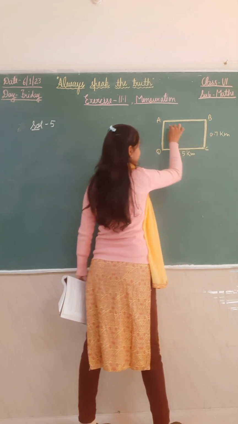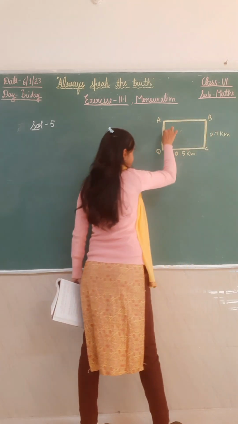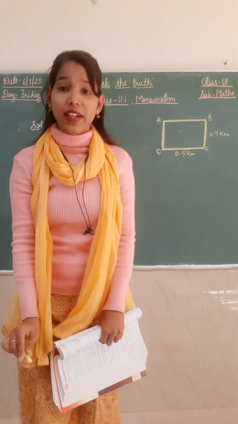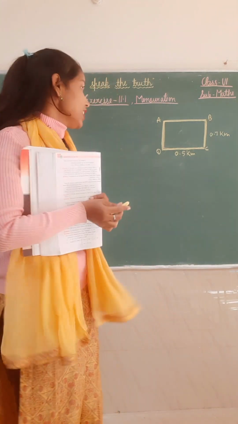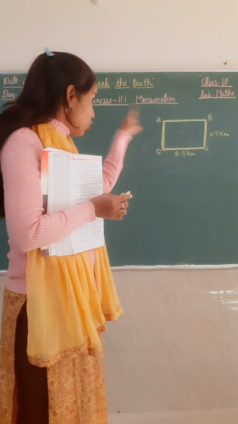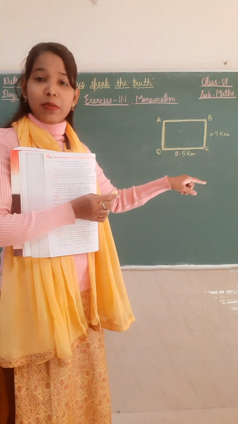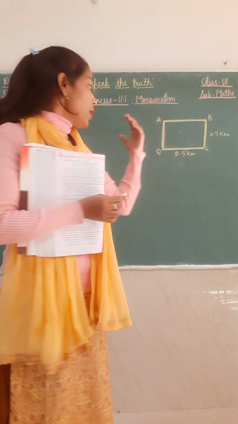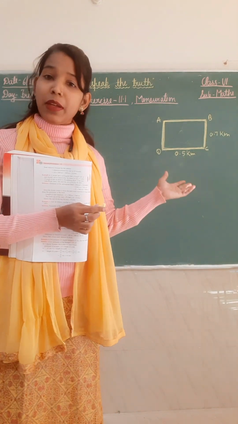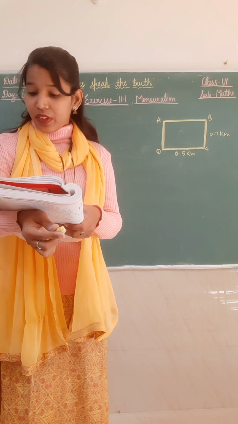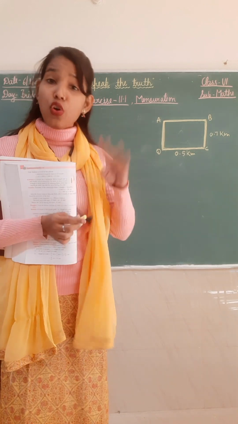This is fencing. So when we do fencing, that means we have to find the perimeter, because fencing is done around the rectangular piece of land. So we have to find the perimeter. But it is also saying that each side is to be fenced with 4 rows of wire.